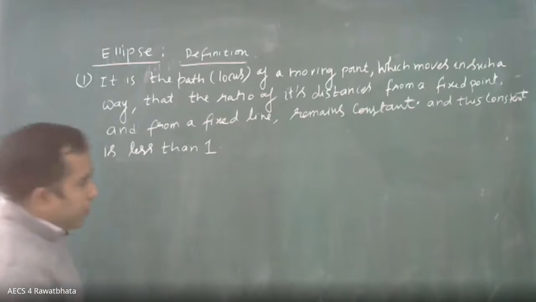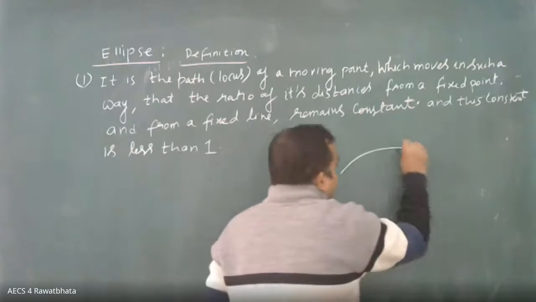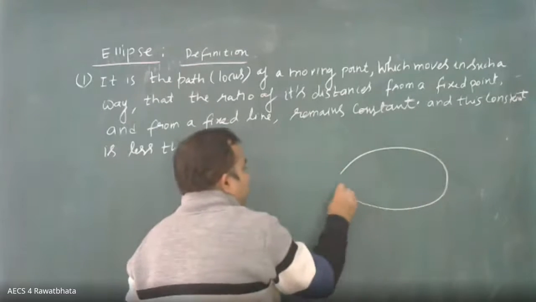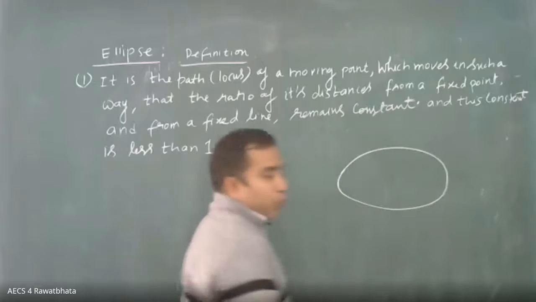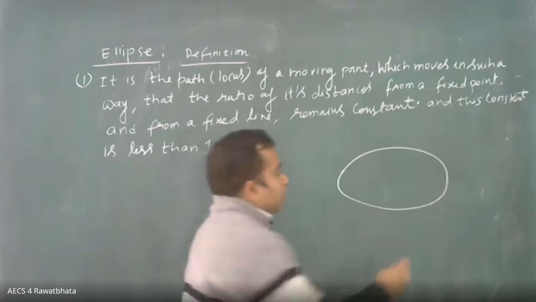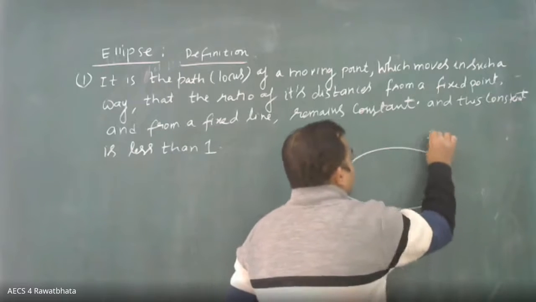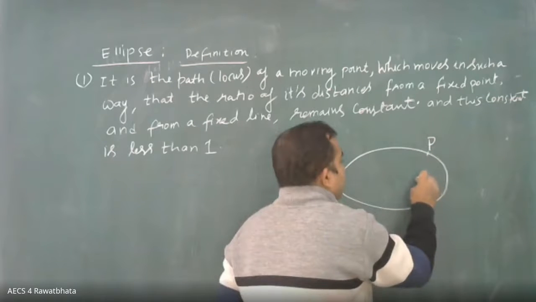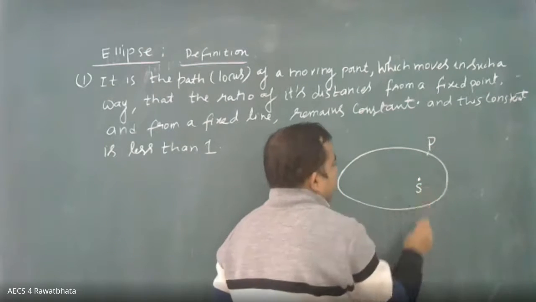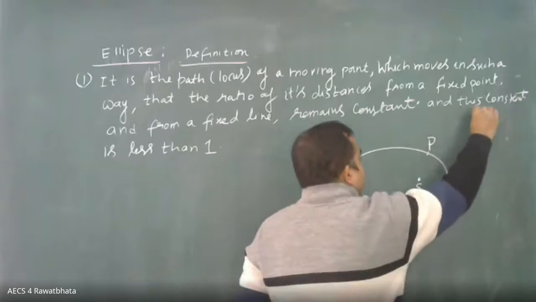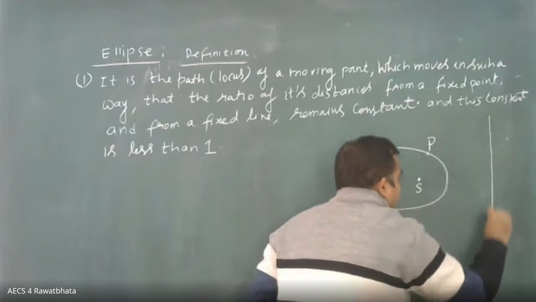This is the path of a moving point which moves in such a way that at any time, suppose the point is here, let it be P, there will be a fixed point, let it be S, and a fixed line, let it be this line.